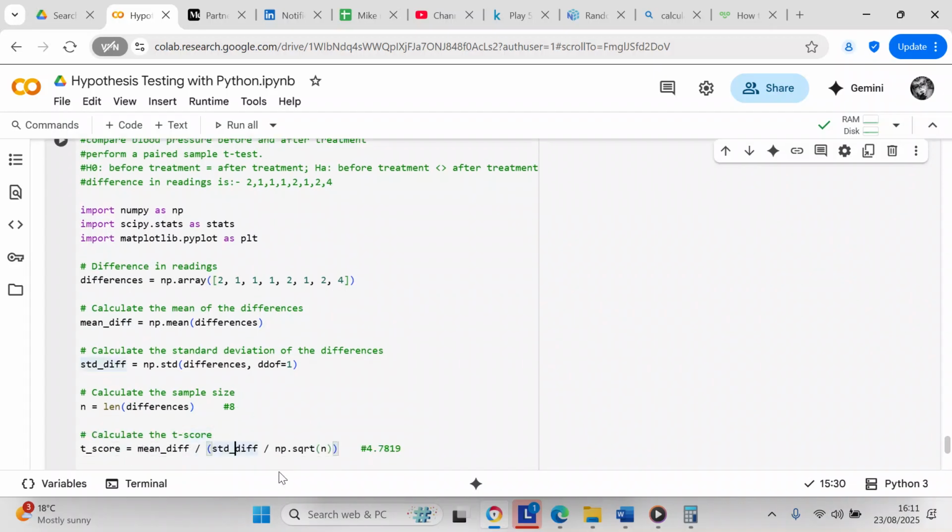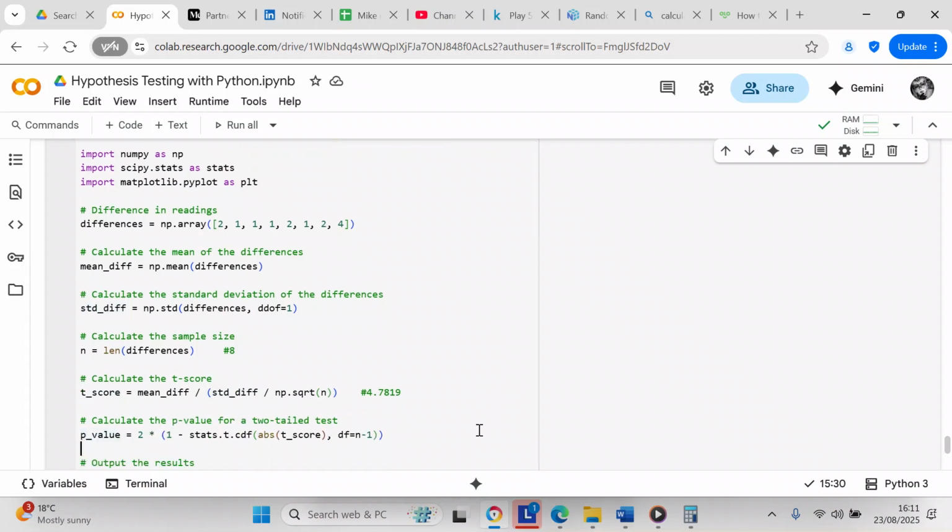We're going to calculate your t-score. Your t-score equals your mean difference divided by the std difference divided by the square root of n, and that gives you a value of 4.7819. We're going to calculate the p-value for a two-tailed test. P-value equals 2 times (1 minus stats.t.cdf(abs(t-score), df equals n minus 1)).